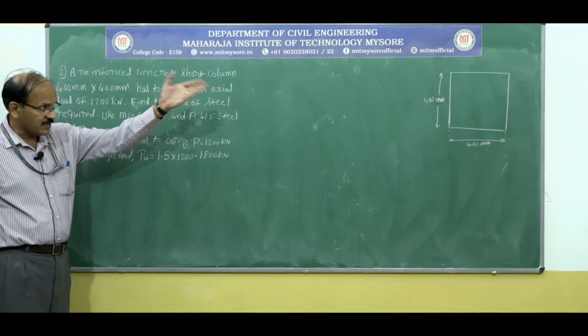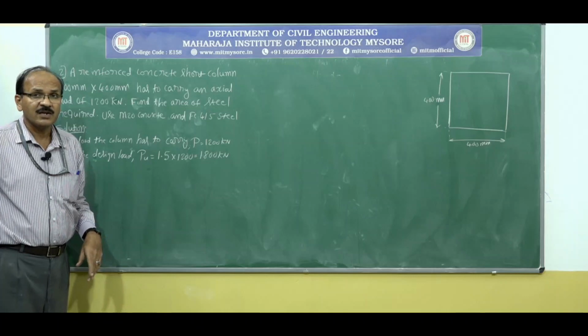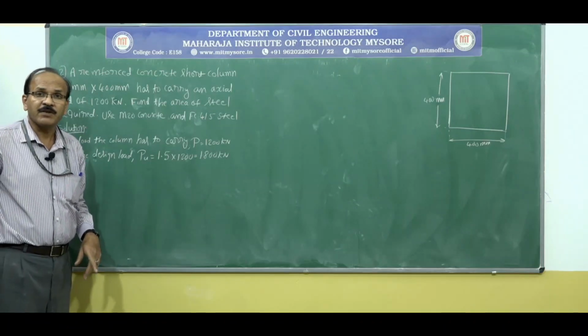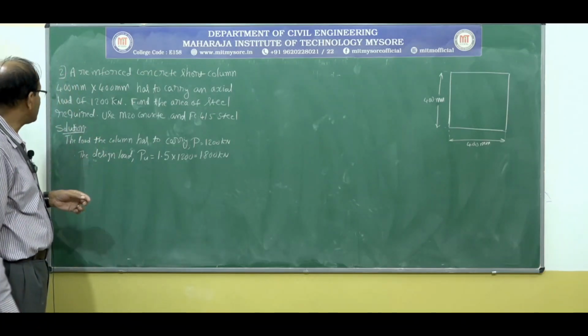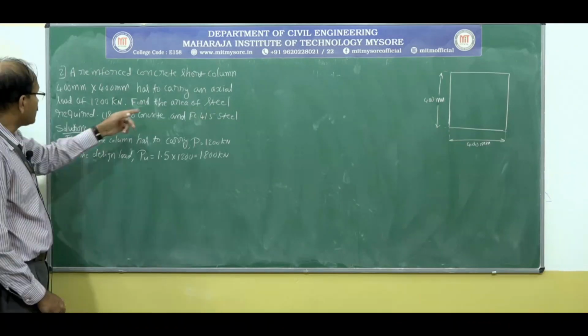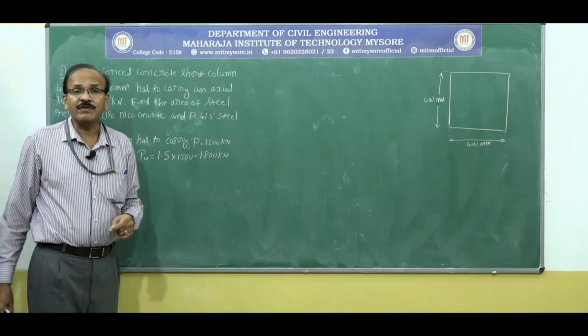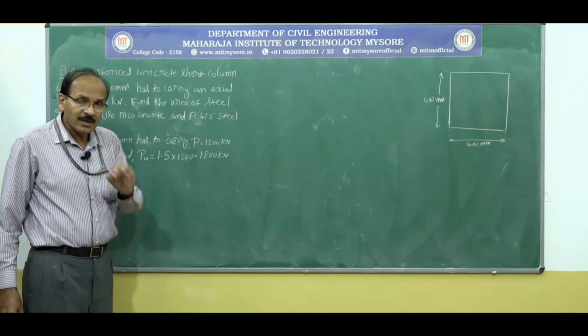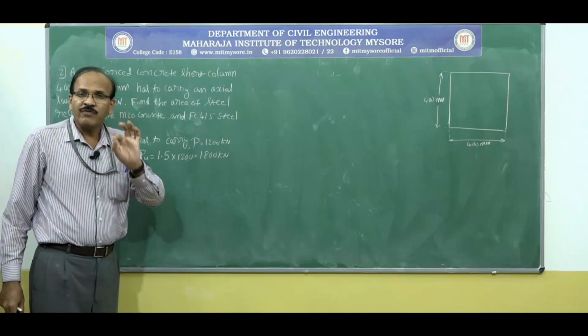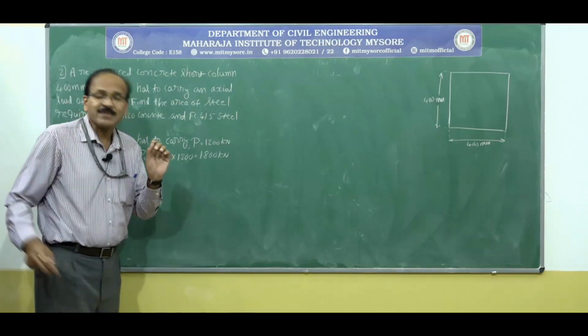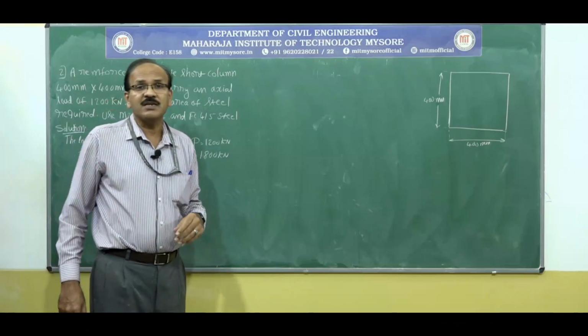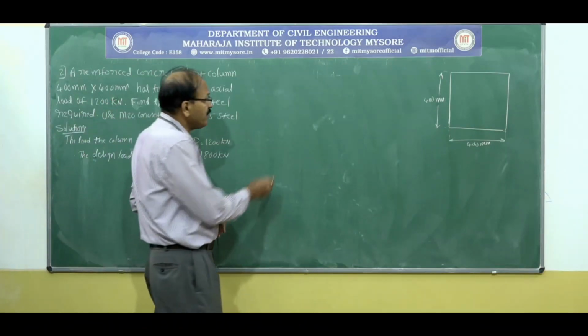So this is the load for which we need to design the section. Here of course the section dimensions are fixed, it's already given, and we need to find out only the area of the steel. So of course use M20 concrete and Fe 415 steel. Here the problem is we need to find out the minimum eccentricity for which we need to design. So what is the minimum eccentricity?